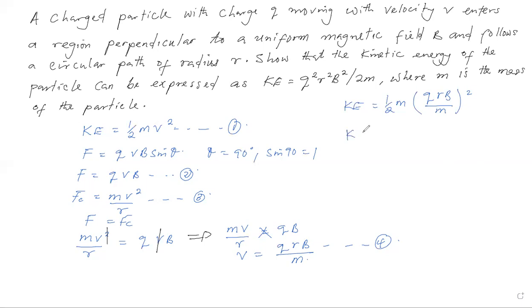So this is going to be half m, and then this is squared, meaning everything inside here, we're going to have Q squared, R squared, B squared over m squared. Yep. So we have m here and one m will go, so that we have kinetic energy equal to Q squared, R squared, B squared over 2m.